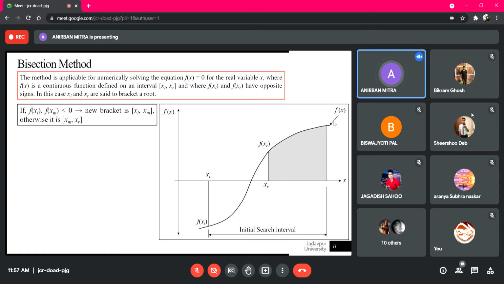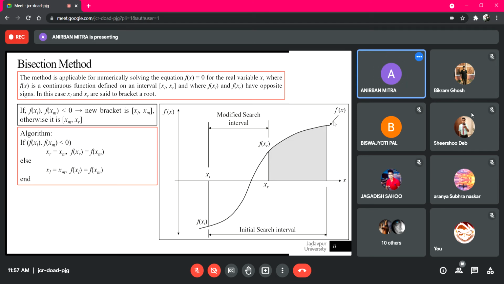So this is our modified search interval. That is the algorithm implemented to ensure that in each iteration, half of the previous interval is discarded.